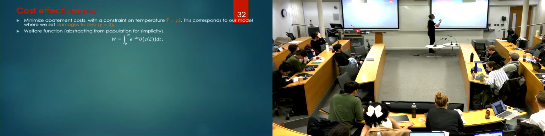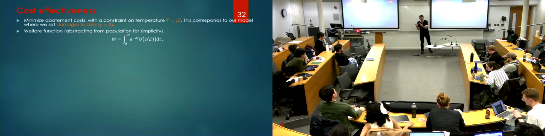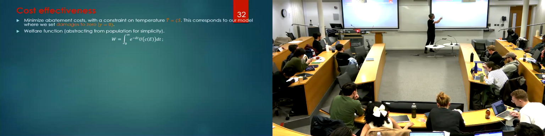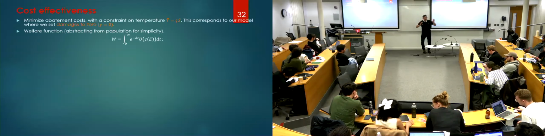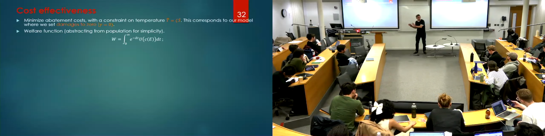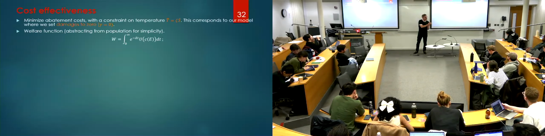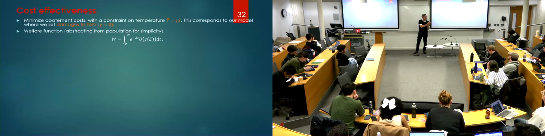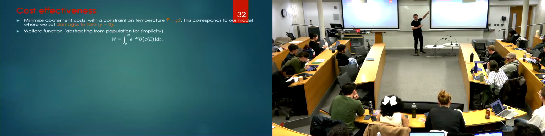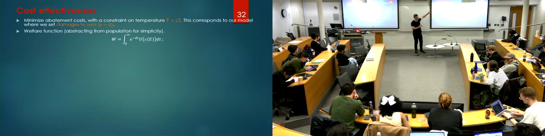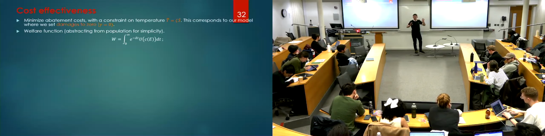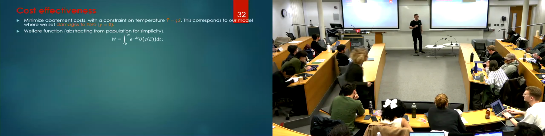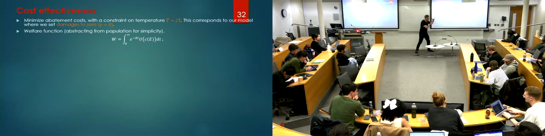And to make it a cost effectiveness, I'm going to say there are no damages. I abstract from damages and I replace that by a temperature constraint. The entire IPCC is this. There are no damages in the IPCC, and it's a well-defined problem.